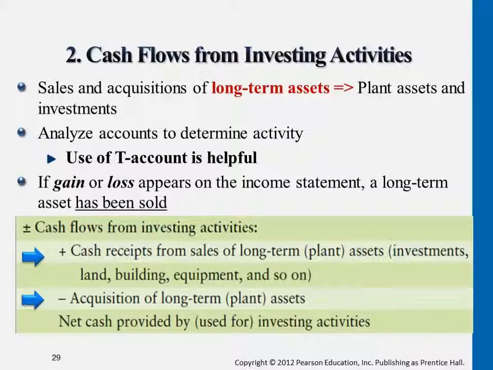Any gain or loss is already incorporated in the cash receipt when we sell the plant asset. The cash receipt is book value plus any gain, or book value minus any loss. So if we didn't tease out this part, it would appear again in this middle section, and we would have a duplicate transaction there. So for investing activities, we have cash receipts, dollar amounts, and any cash payments that we use to purchase long-term assets.